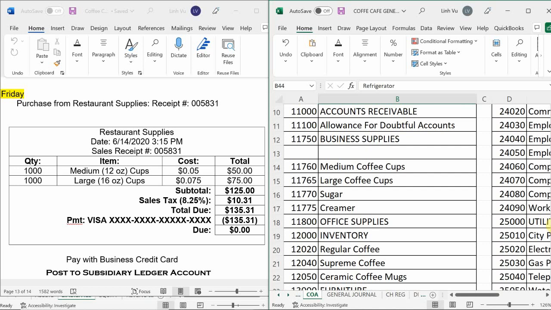In this case, we bought some coffee cups, some business supplies, and right here we have exactly what you said. We got the medium coffee cups and the large coffee cups in our journal, in our chart of accounts under business supplies. So 11,760 and 11,765. What else do I need to recognize?